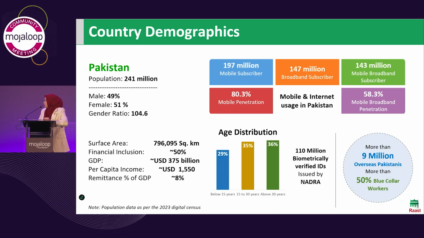The financial inclusion is more than 50% in our country, and the remittance is one of the major factors in the calculation of our GDP. We do have our national identity system, and the majority of our country is registered on that national ID. So it was very swift for us to tag people with transactions through our IPS system.